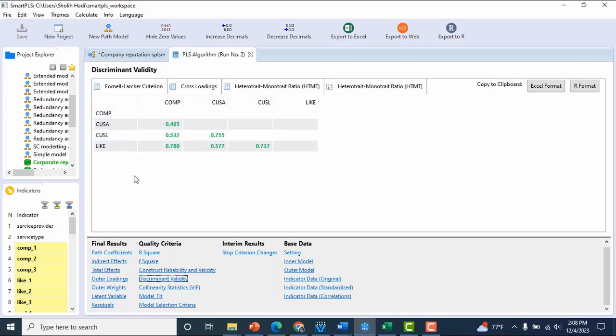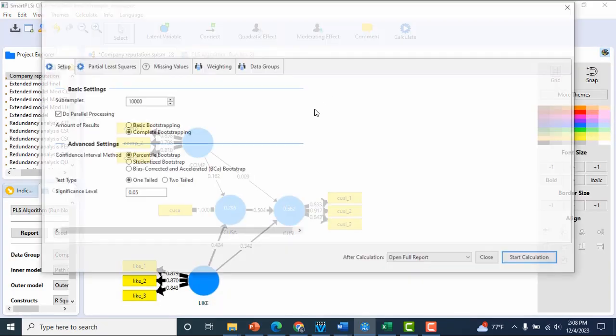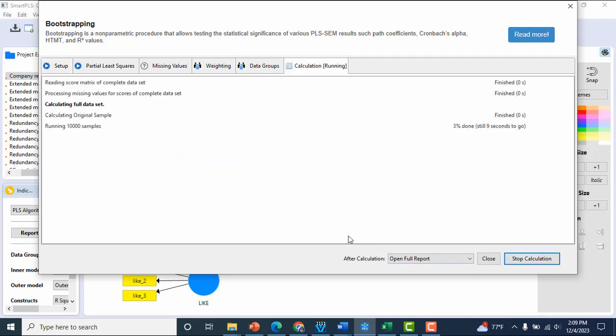So we go to Calculate and Bootstrapping, and then we use 10,000 subsamples, complete bootstrapping, percentile bootstrap, and we choose one-tailed and a 5% significance level, and start calculation.